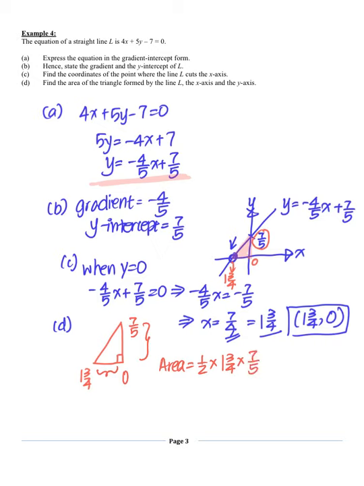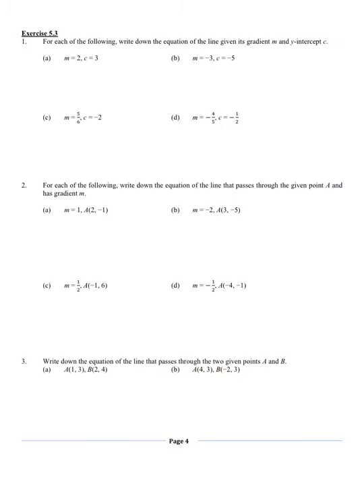That would give you 49 over 40, or 1 and 9 over 40 units squared. Okay, great.